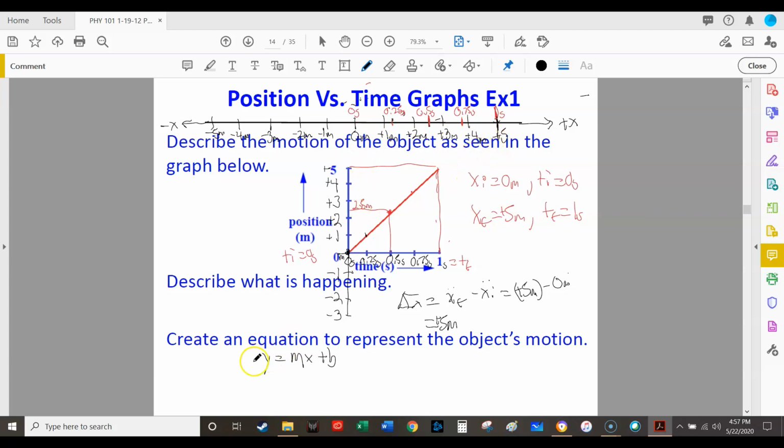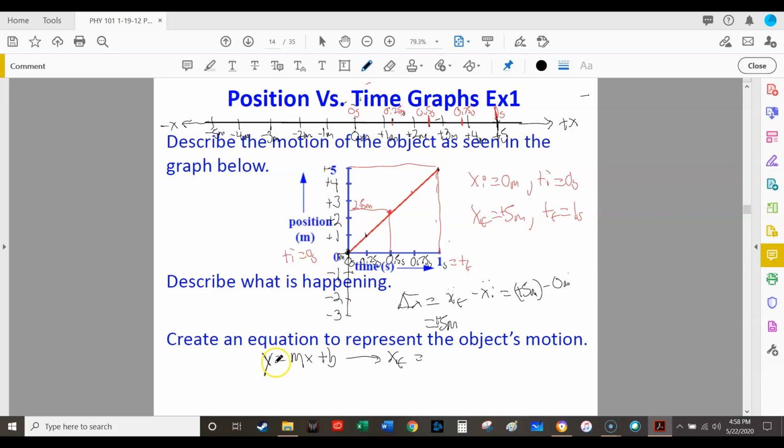Well, let's change this equation right here. This is the y-intercept, right? Well, the y here is referring to the y-axis. In this case, we're trying to predict the final position of the object. So this y is the last data point occurring, and that occurs at the positive 5 meters mark.